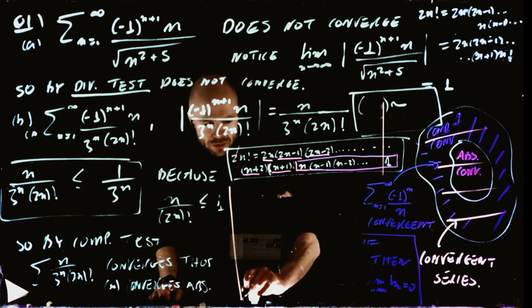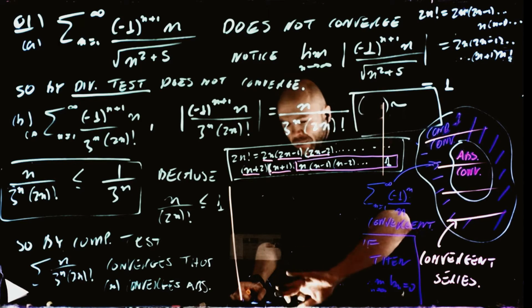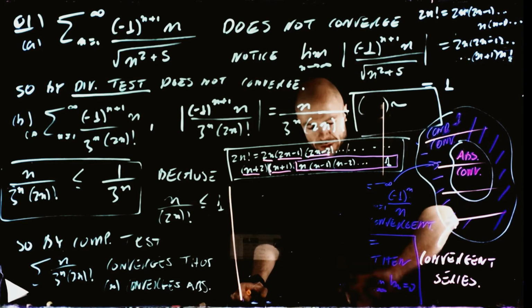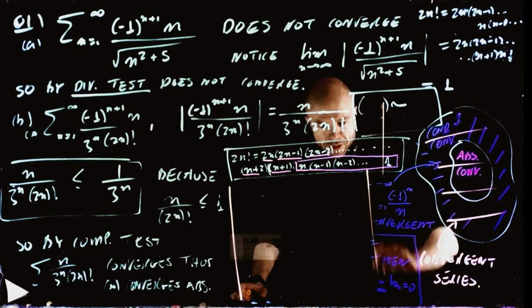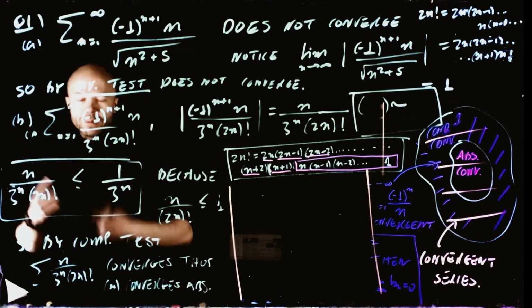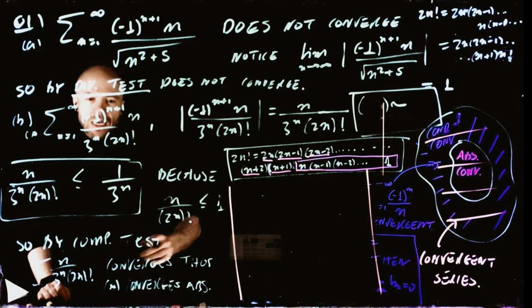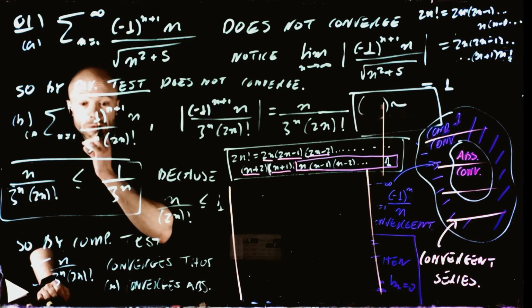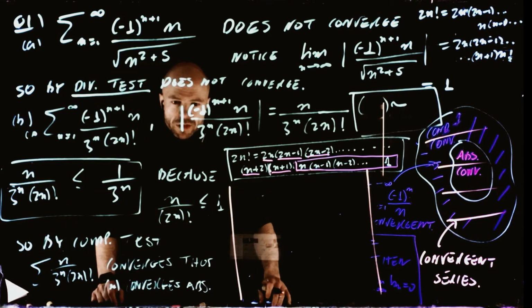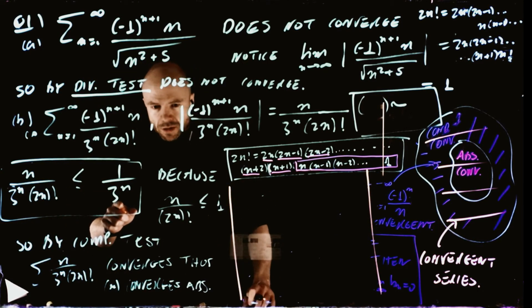It allows us to detect if something is going down to 0 at the speed of a geometric series or faster. And because the n on the top is kind of insignificant to everything else, we would expect it to go to 0 faster than a geometric series. In fact, that's exactly what we've just shown here.